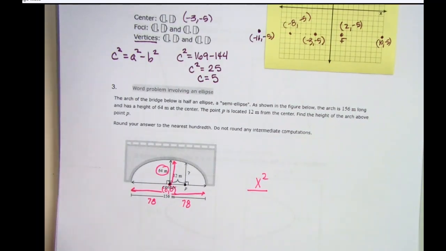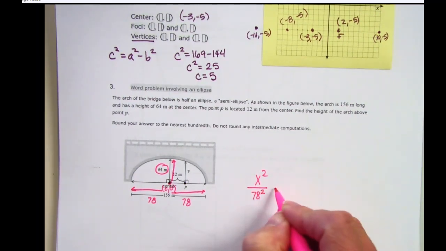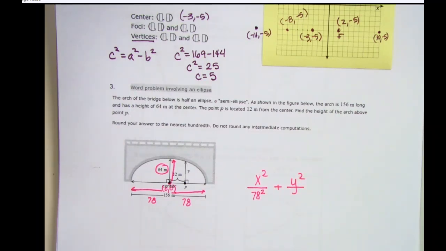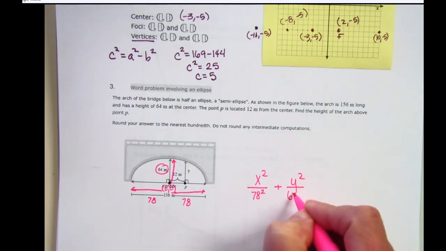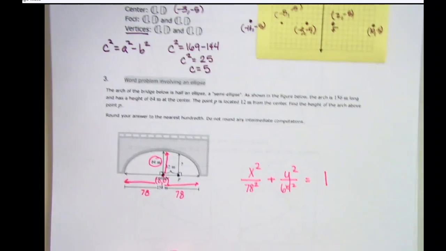I need help. That's not one that my brain just holds on to. Actually, I'm just going to call it 78 squared. Watch me be lazy. Plus y squared over 64 squared, and it equals 1.